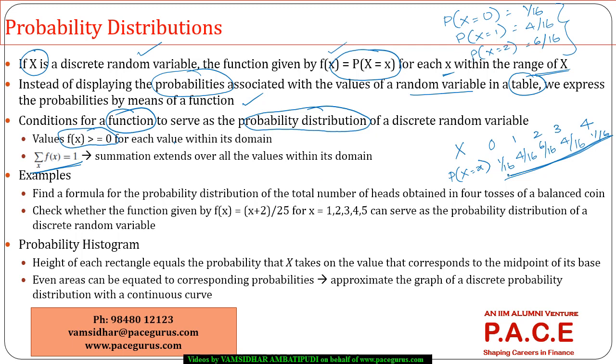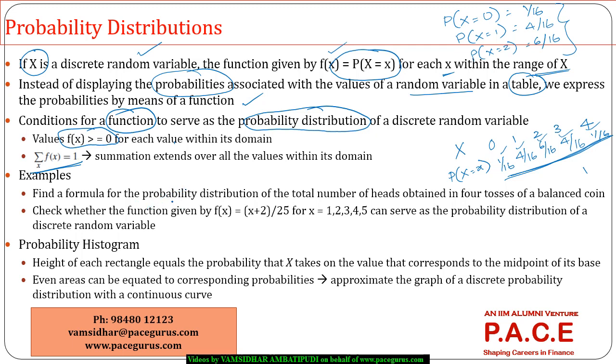If you look at this, 1 by 16, 4 by 16, and so on, the summation: 1 plus 4 is 5, plus 6 is 11, plus 4 is 15, plus 1 is 16, so 16 by 16 works out to 1. So only if these two conditions hold, which means individual probabilities are non-negative and the sum of all the probabilities across all the possible values of the random variable is equal to 1, then a particular function which we are choosing could be a probability distribution function.